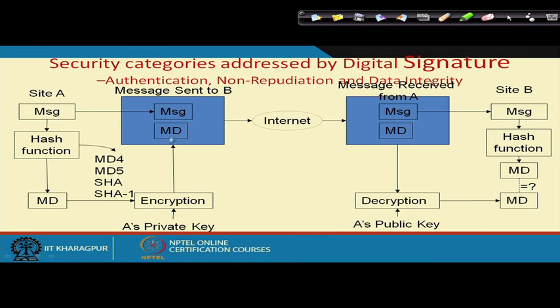Look, this message digest is actually getting encrypted by A's private key, which means it can only be decrypted properly by A's public key.